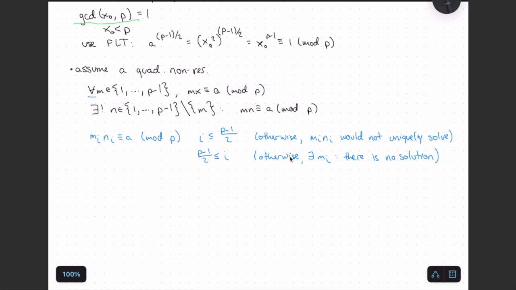So just to hammer this point down a little bit more, we have our set 1, 2, 3, 4, 5, all the way to p minus 1.